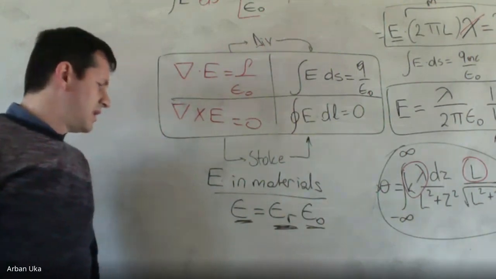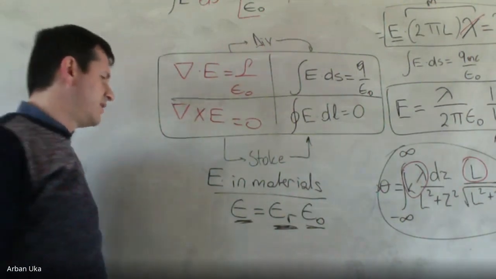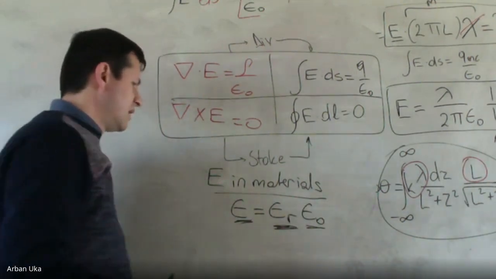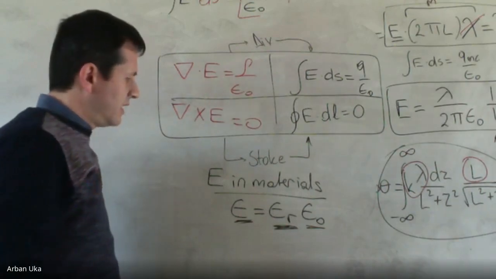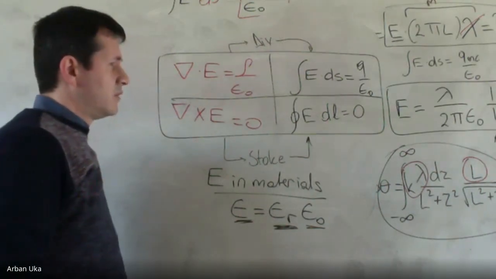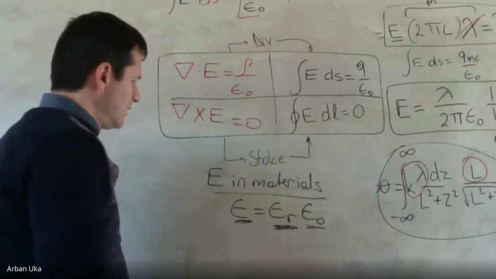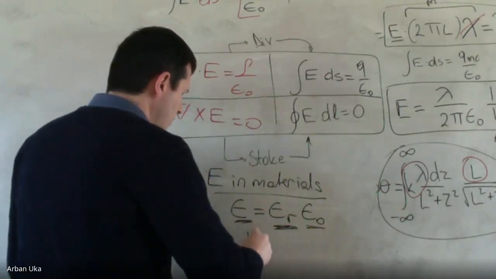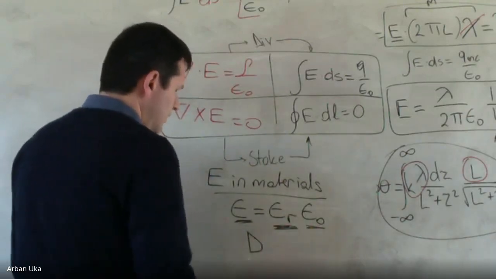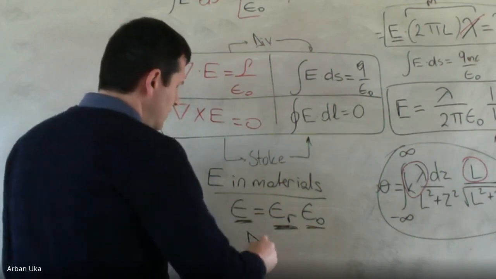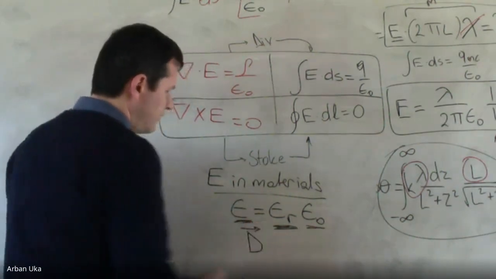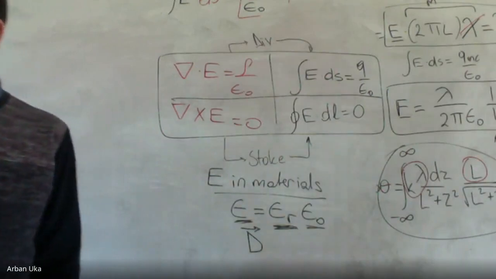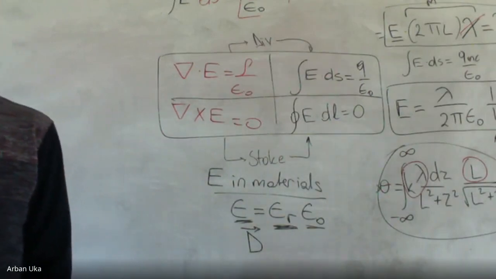And when we analyze the forces or the electric fields in different materials, we're going to have to define a new quantity, which is the electric field flux, the D. So we're going to define this D vector, but probably we won't start it today.